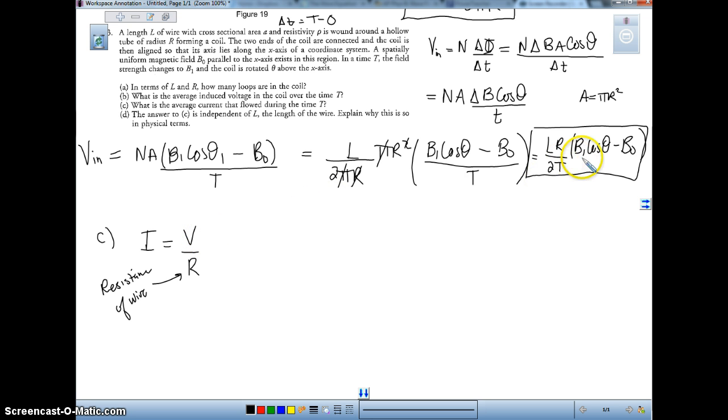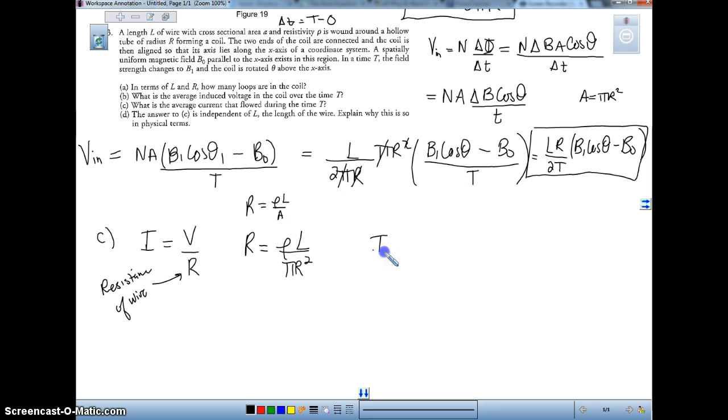So I'm going to take our V from here divided by the resistance in terms of the length of the wire divided by the area. Remember that resistance, I gave it to you in class as well, was rho L over A. Once again, we can't keep it as A, we have to write it in terms of this stuff. So combining this one and this, we get this.